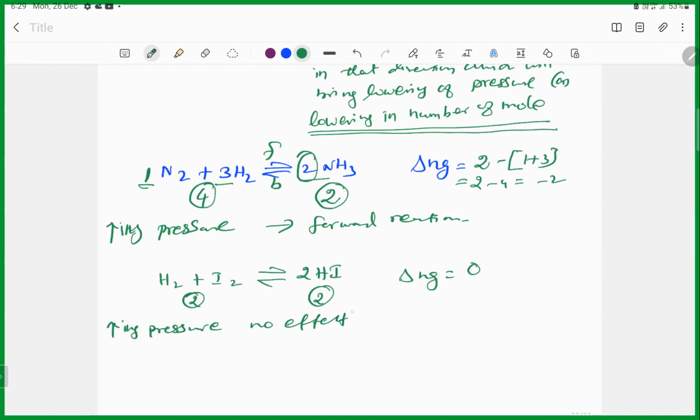Yes, sir. Correct? So note this, PCl3 plus Cl2 gives PCl5.